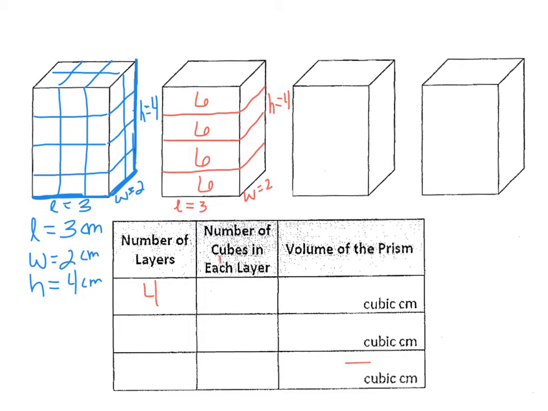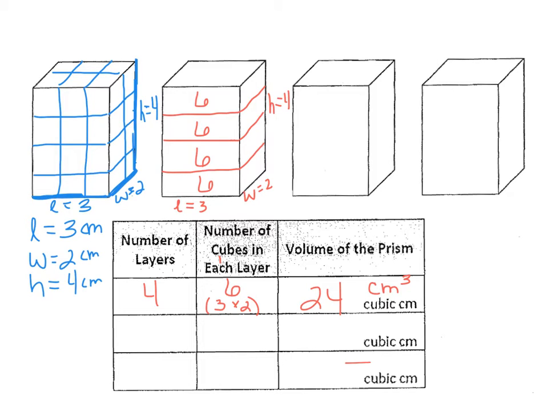So in my chart, I'm going to put 6, but I'm going to show that I got that by doing 3 times 2. My length times my width. And 4 was my height. So 4 times 6 is 24 cubic centimeters. I also can write it cm with a flying 3. Well, we're not done yet.